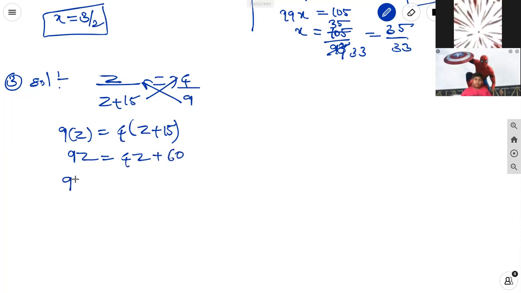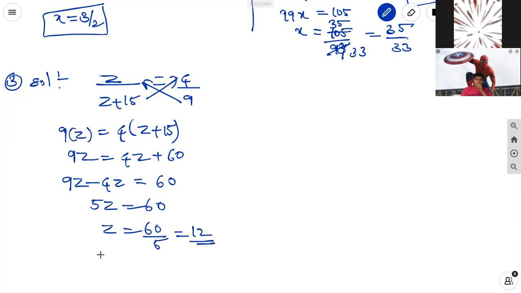By the transpose method, taking z terms to one side, 9z - 4z = 60. It's 5z = 60. z = 60/5. So z value is 12.